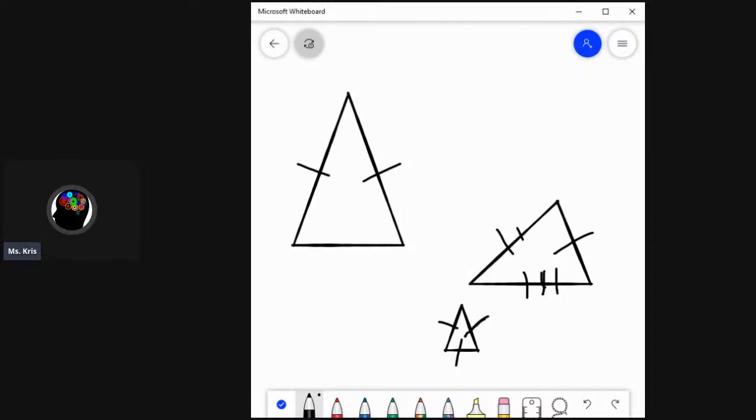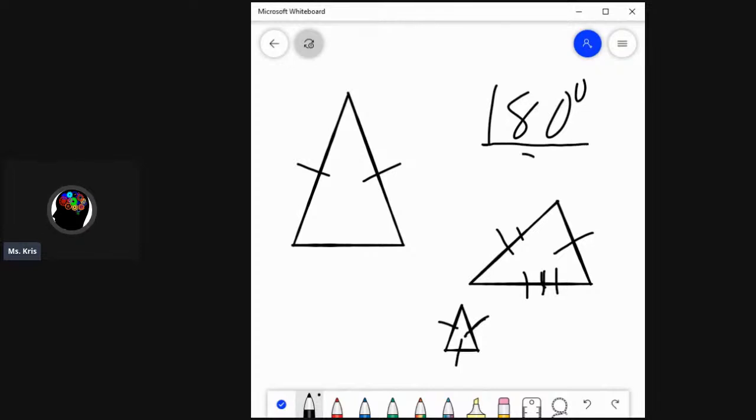So if all my sides are equal, that means all of my angles are equal. Now, the measurement inside of a triangle is 180 degrees. So if I have an equilateral triangle and all of my sides equal each other, that means all of my angles equal each other. So if all of my angles equal each other, they're acute.